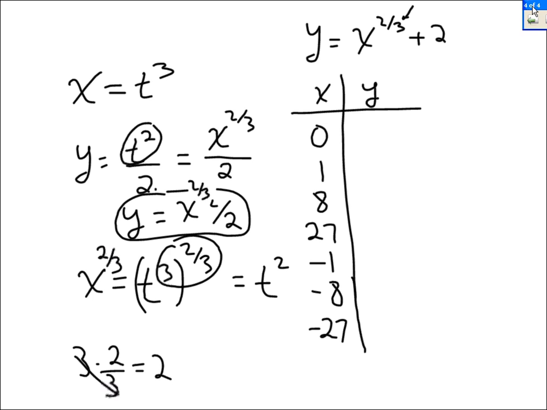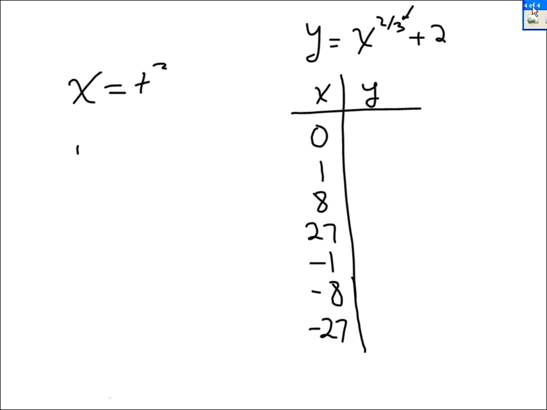So let me just review what's going on in case you forgot how to handle things when the power is a fraction, like 2/3. If somebody asks you, for example, what is 8 to the 5/3 power?